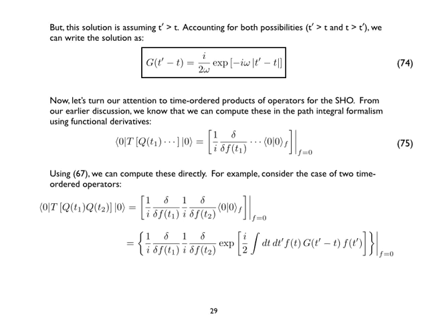Okay? Easy, right? So let's say we want to compute the time-ordered product of two operators. So I've got Q(t1), Q(t2), and I put this time ordering operator in there by hand just to remind myself.